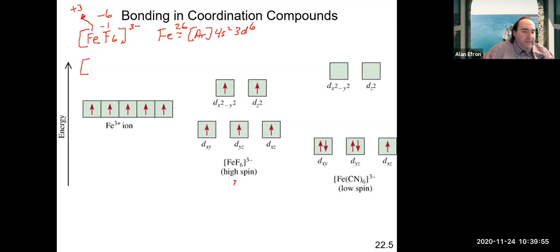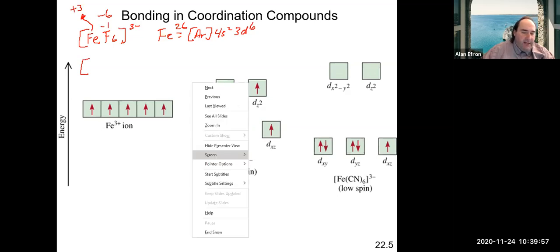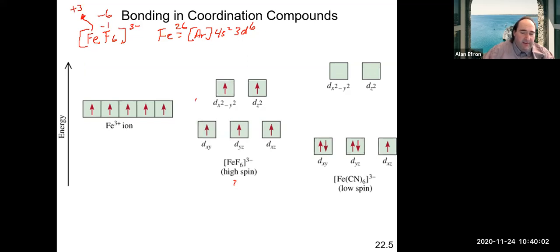Now, what we're dealing with in this complex ion is an iron that has a +3 charge. As we talked about at the beginning of this chapter, when transition metals lose electrons, they lose the s electrons first. So this iron is going to lose the 2 electrons here, and then it's going to lose the 3rd electron out of there.